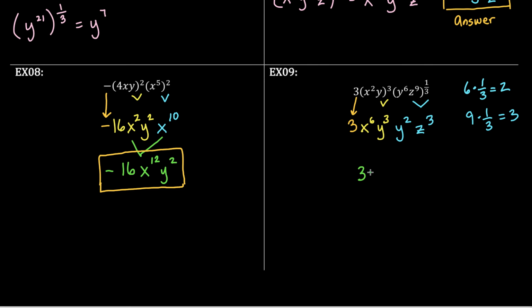We get x to the, oh, there's no more. And then we get y to the third times y to the second, that was y times y times y times y times y, which is y to the fifth. And then we get this z to the third.